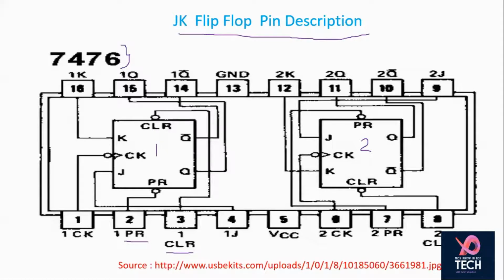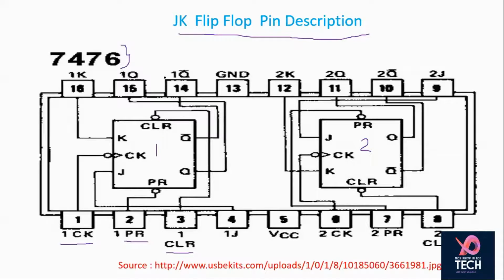Also, clock is there on this particular pin. So if I am reading 1CK, that means this is the clock for the first flip-flop. If I'm writing 1J, this is the J input for the first flip-flop, and if it is written 1K, that means this is K.